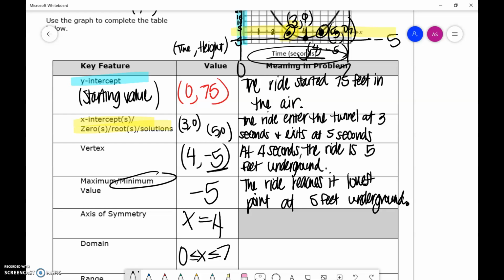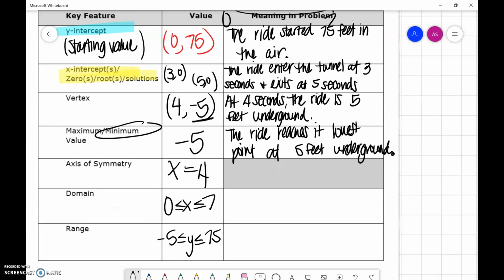Our axis of symmetry won't necessarily have a real world meaning. In mathematical terms, it just means the middle of the graph where it splits through the vertex. So we don't have to worry about a meaning for that one.